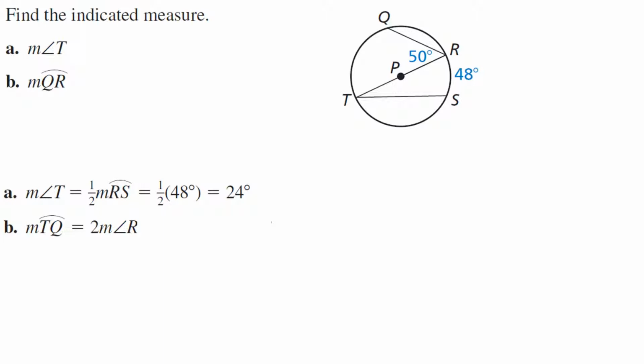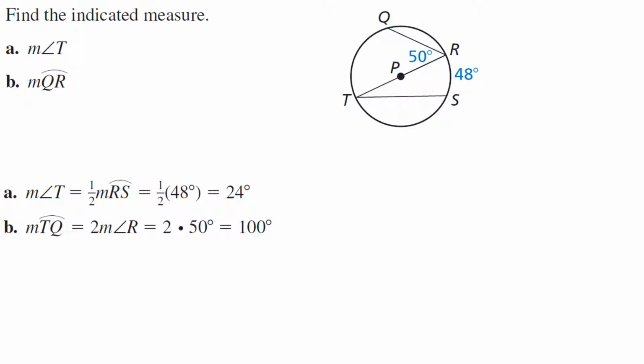Because arc TQ subtends that 50-degree angle. I know that arc has to be twice that angle when we talk about the measurements. So 2 times 50 degrees is 100 degrees. Now, how is that going to help me find the measure of arc QR? Because that's really what I'm after, right? I just want the arc QR, not the arc TQ.